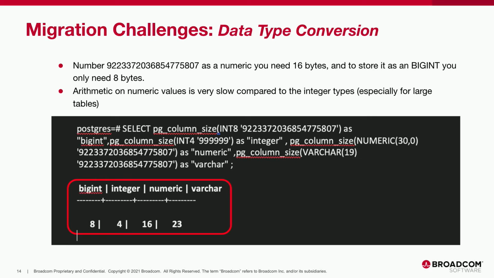Yeah, this is the same point I was trying to make. If you have a number bigger than 20 or 30 defined in Oracle, better convert it into an integer. Looking at the storage side, bigint only takes 8 bytes and integer takes 4 bytes, but numeric takes 16 bytes to store the same exact number.